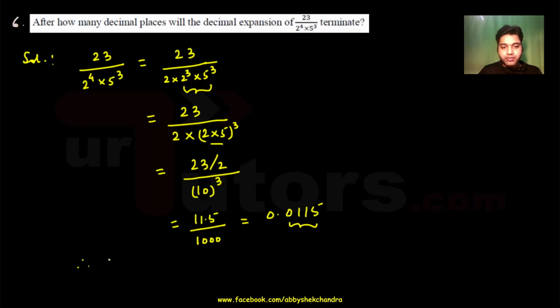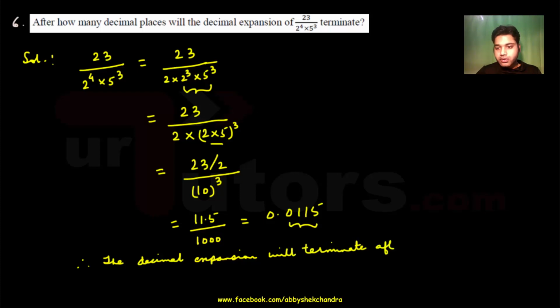So therefore the decimal expansion will terminate after 4 decimal places, right?